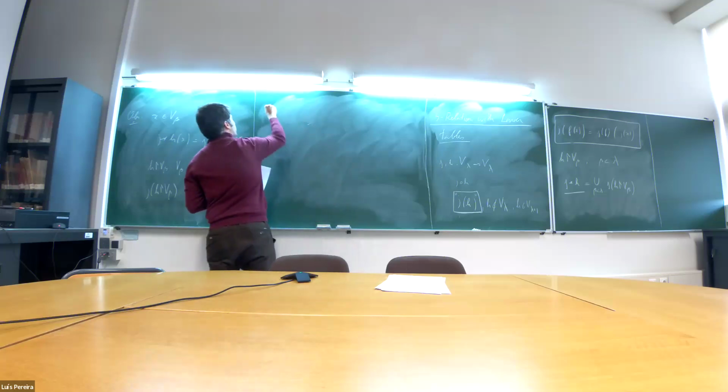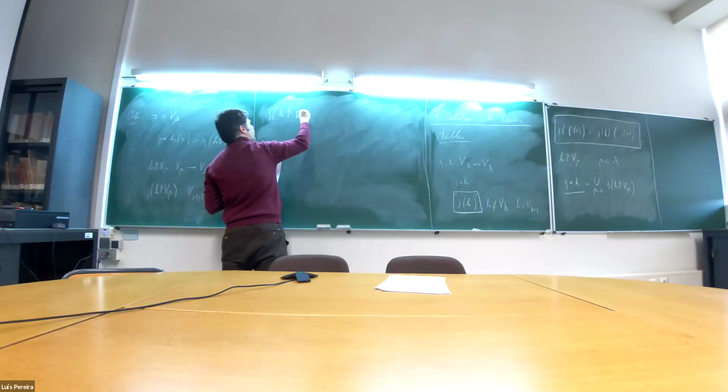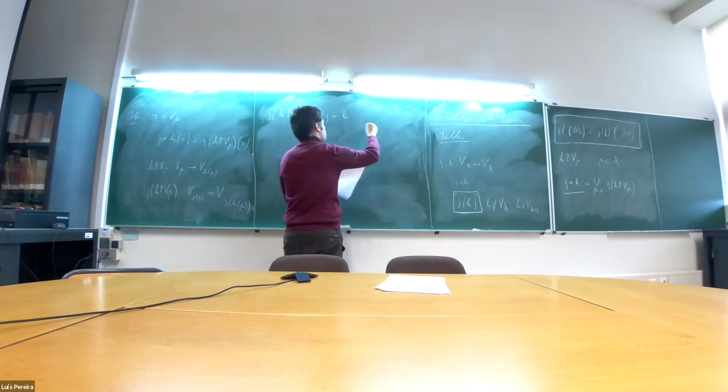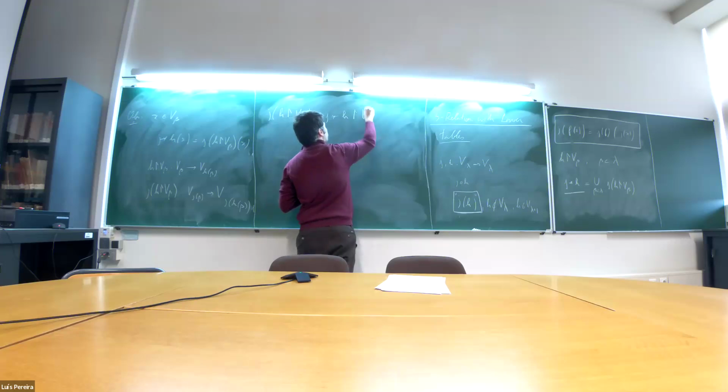So in particular, J H restricted to V beta is J star H restricted to V J beta.